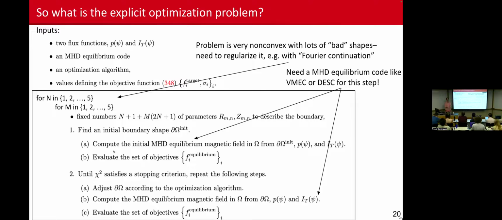And unfortunately, the problem is worse than I've been describing, which is even at low resolution, you find that for some shapes, it's still challenging to get an MHD equilibrium with closed flux surfaces. In other words, with VMEC, you might change the shape a little bit, and suddenly VMEC will tell you it failed and did not find an equilibrium with closed flux surfaces.